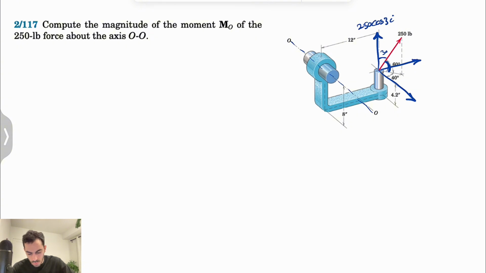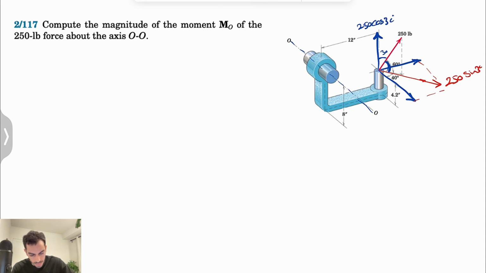And if we want to resolve that to the other two, this will be the component of this force in the plane that we have in here, the red force, which is the projection of the 250 in the plane underneath. So it's going to be 250 sine of 30.